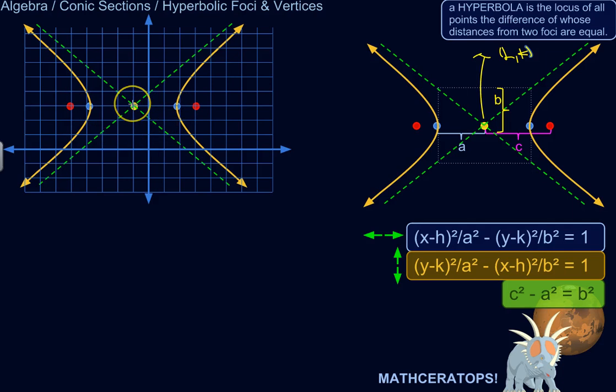So the center is at the point -1, 1, 2, 3. So h, k is -1, 3. Okay. Where are the vertices? So this point would be 1, 2, 3.